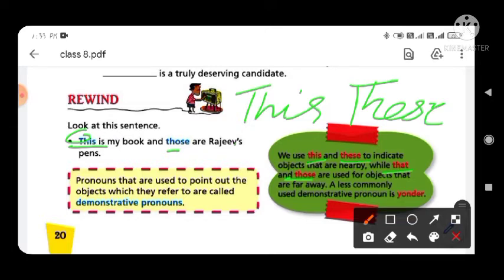But how can you classify the demonstrative pronoun and the demonstrative adjective?